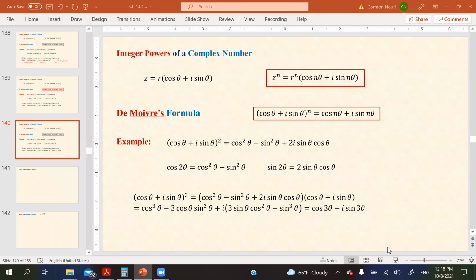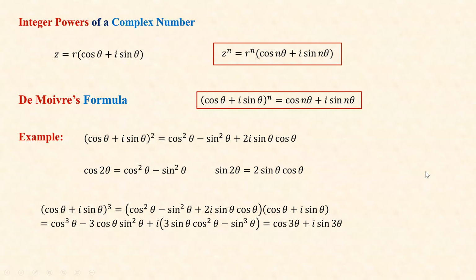All right. So now we investigated powers of complex numbers. Now we're going to investigate roots of complex numbers. Let's say we want to find the nth root of z, which we call w. If w is the nth root of z and z is r cosine theta plus i sine theta, then we want to see what w is. We take w to be in polar form as the modulus r and argument phi.